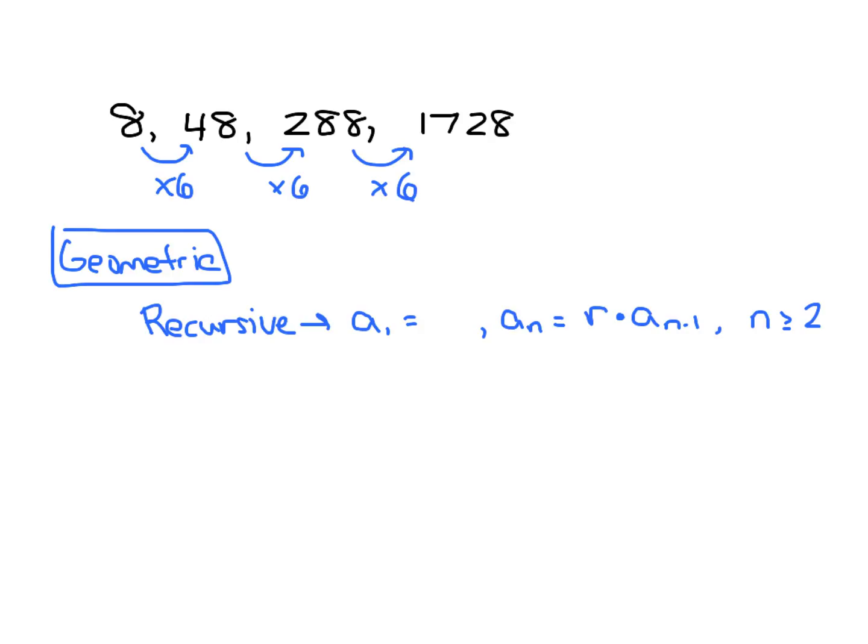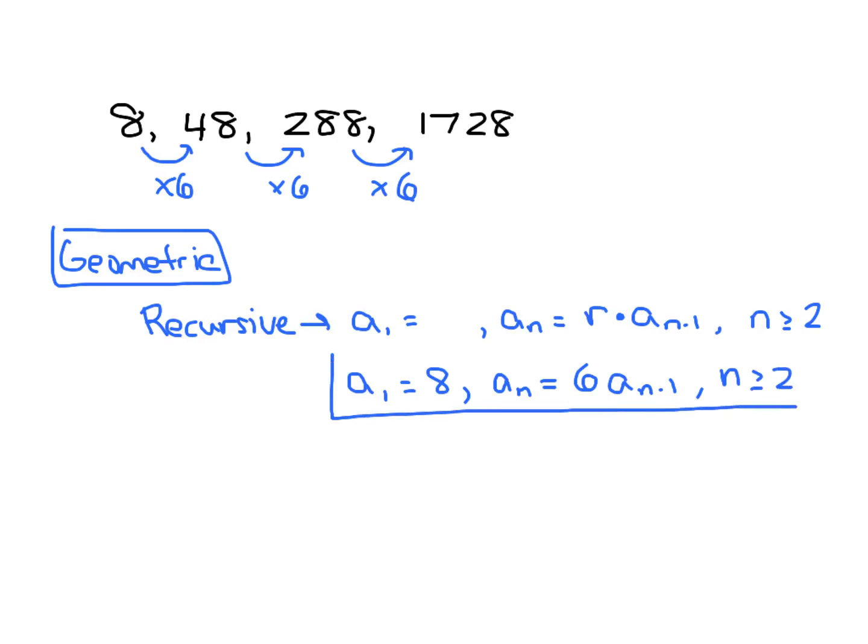So to fill in for this one, our first term is equal to 8. In order to find any term, we're going to take our common ratio of 6 and multiply it by the previous term, as long as n is greater than or equal to 2. So that's our recursive geometric formula.